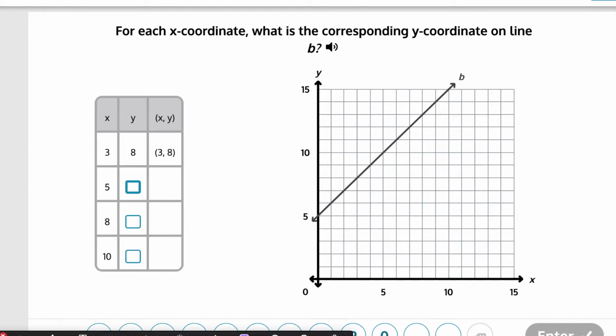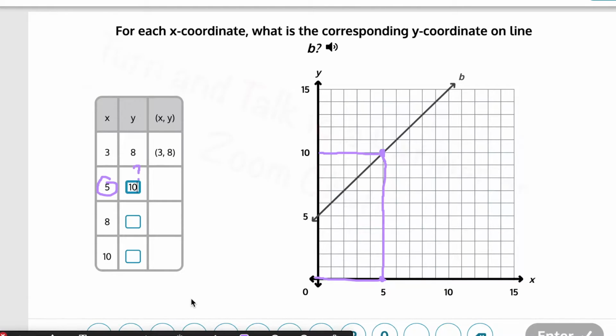So when the x-coordinate is 5, we want to know what the y-coordinate would be. So I'm going to go over to 5 on the x-axis, and then see where it intercepts line B. Okay, so it intercepts right here. And that y-coordinate is 10.